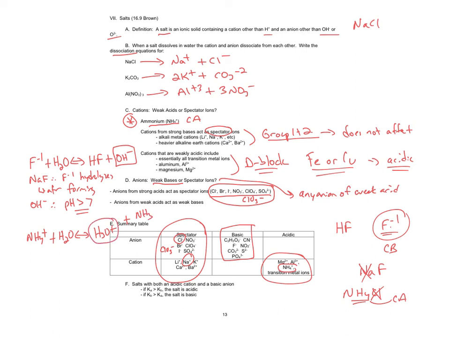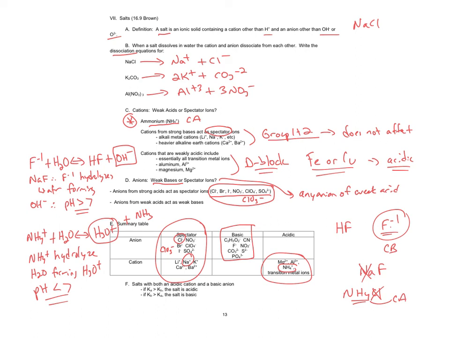Now we see that the production of H3O+ is present. So any salt containing ammonium ions, the ammonium ions hydrolyze water, donating a proton, forming hydronium ions, and that causes the pH to be less than 7. So any salt containing ammonium will make water acidic.